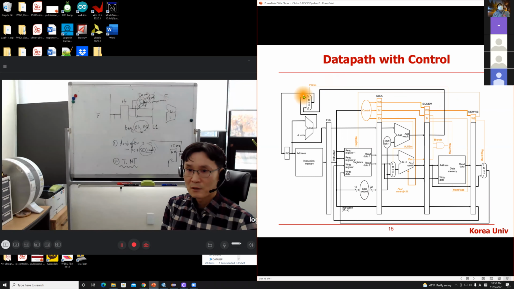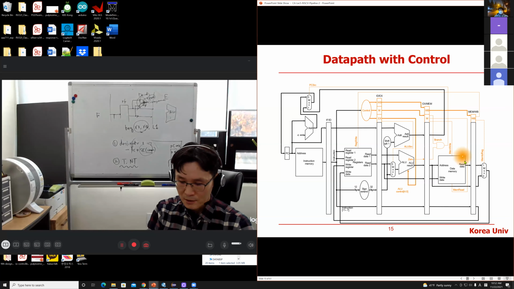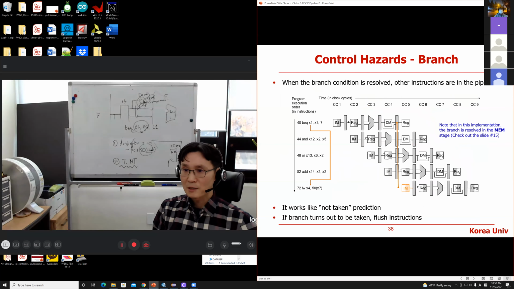or branch destination. So in this particular implementation, the branch is resolved in the memory access stage. Based on that, you are reading a new instruction. That means you have to flush out.